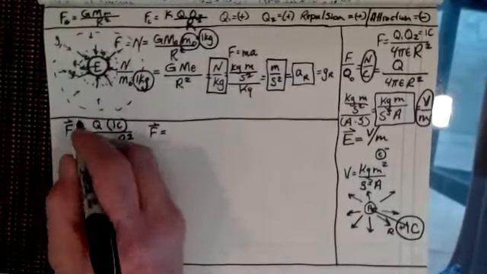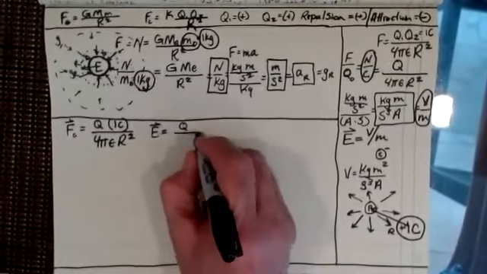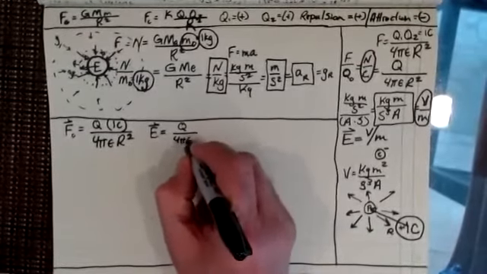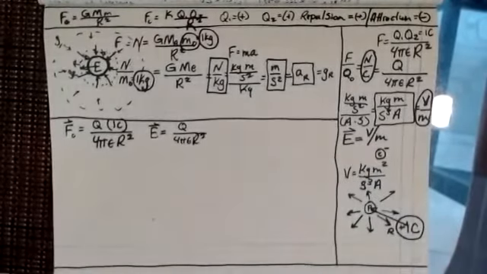But my electric field, of course, is going to look just like it. It's going to be Q over 4 pi epsilon r squared, right? And the electric field is always in the same direction as that force would be. Okay? So we're going to get more into that.